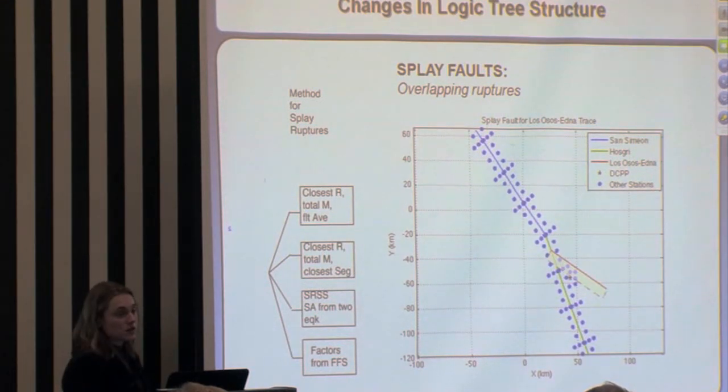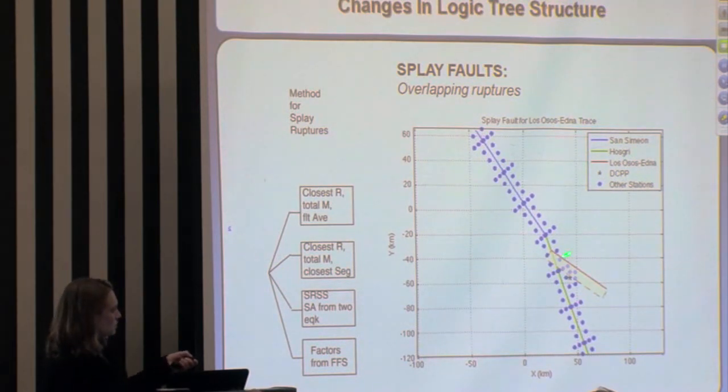The other way we could do it is to treat this as two separate earthquakes in the GMPEs. We could model the main fault as one earthquake in the GMPE and use the closest distance to the main fault and either the average parameters along the main fault or the parameters of the closest segment. In this case, they're the same, thank goodness.